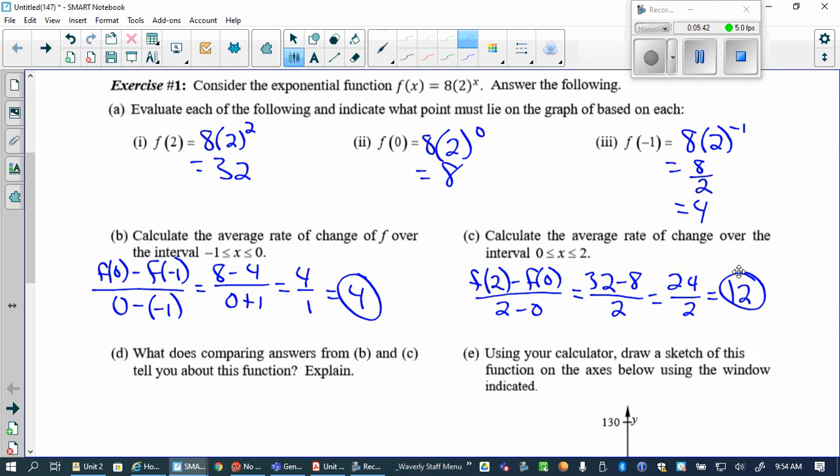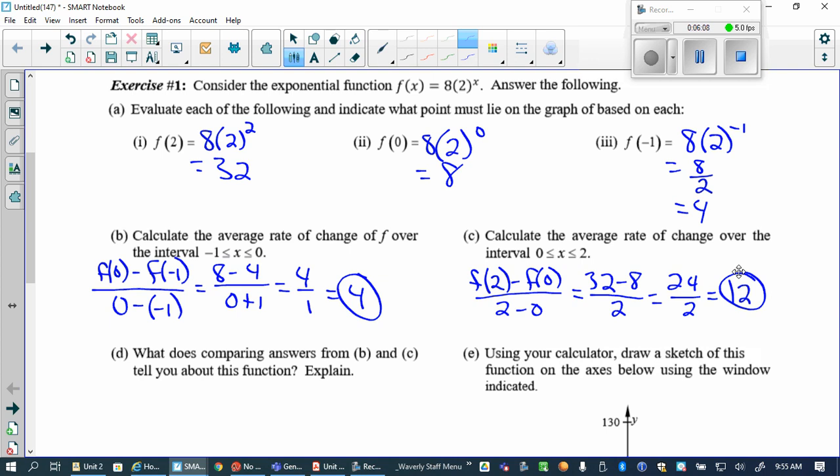So this very same function between -1 and 0, the rate of change is 4. It rises by 4 units. But then from 0 to 2, it rises by what? 12 units. So it goes up 4 and then up 12 over the next interval.